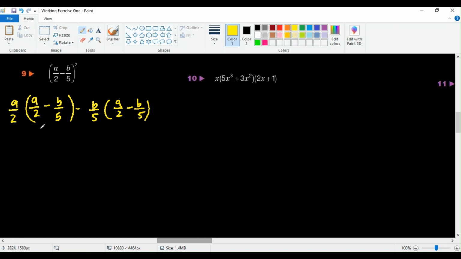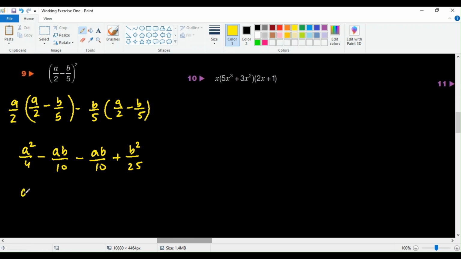Now we know very well this is going to give us a square over 4. Second one is going to give us minus ab over 10. Then this is going to be minus ab over 10, and minus minus is a plus. This is going to give us b square over 25. Now we can see that there are two ab over 10.